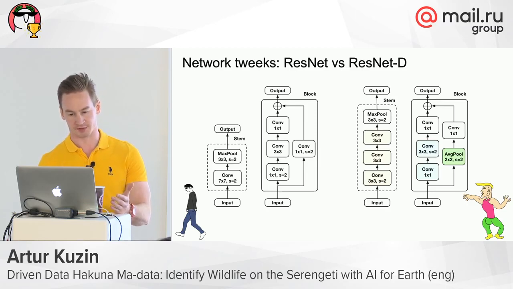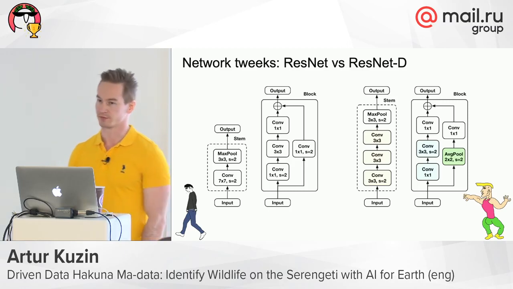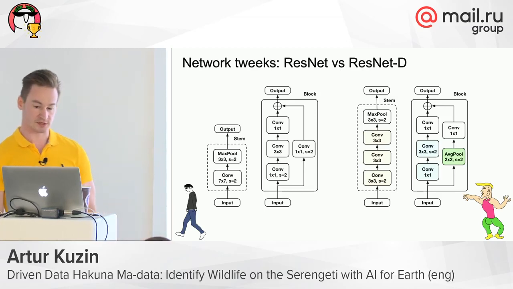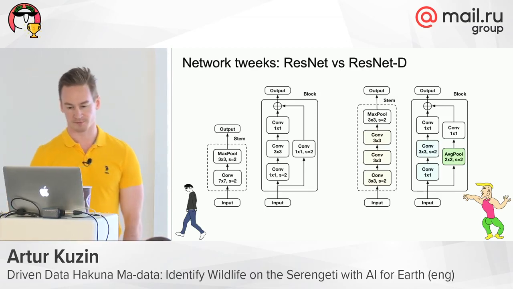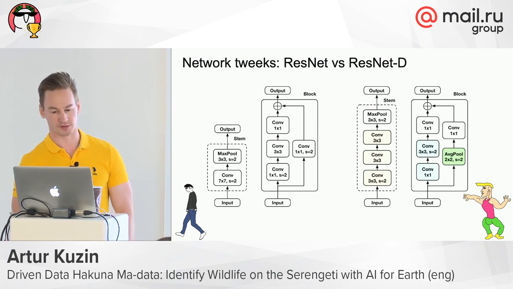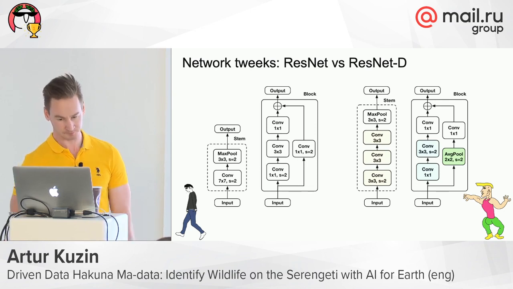It's important to know that these tweaks add some overhead, and the network becomes about 10% slower than the vanilla realization. But at the same time it becomes more accurate, by about 0.5% for the same training procedure.